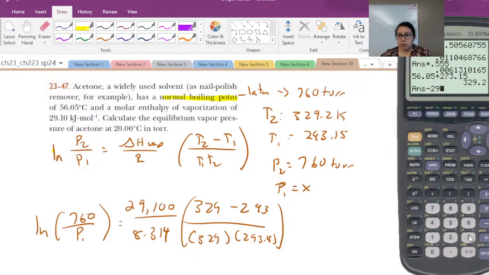Now I'll just do the math at this point.